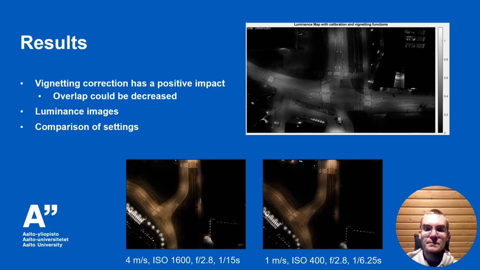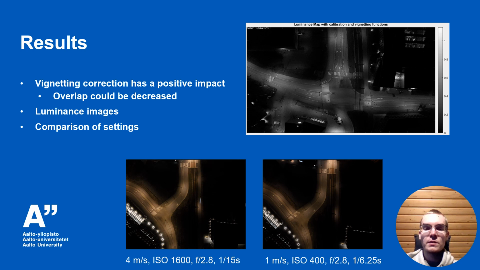Based on this, in theory, the overlap could be decreased from a luminance magnitude standpoint, but when mosaicing and choosing an overlap, other factors have to be considered, like tie points, for example, which is outside the scope of this thesis.